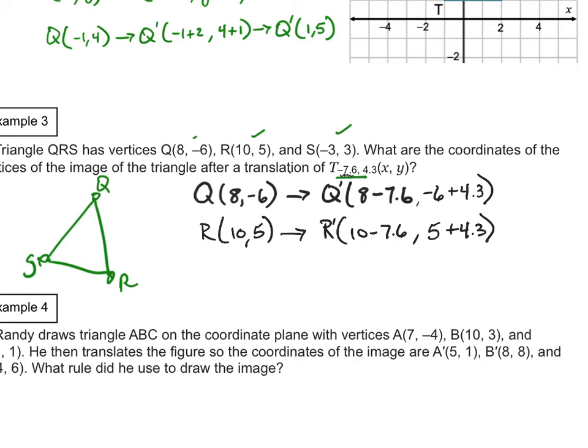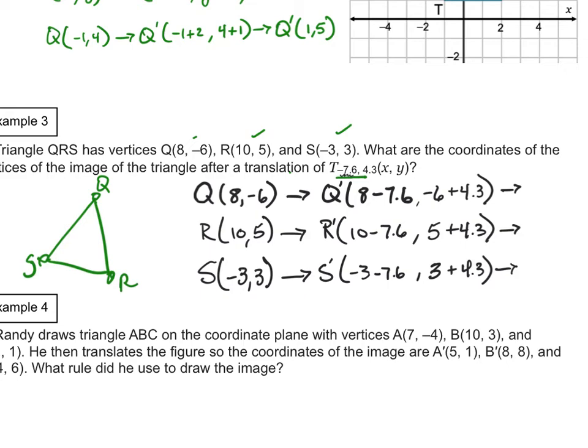And then we're going to take S, and we're going to translate it also. It starts off at negative 3, 3, and we're going to map it to S prime, which is negative 3 minus 7.6, and then we have 3 plus 4.3. Again, so there's my mapping.